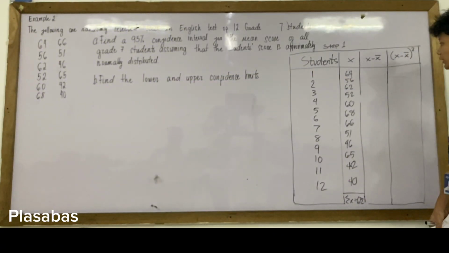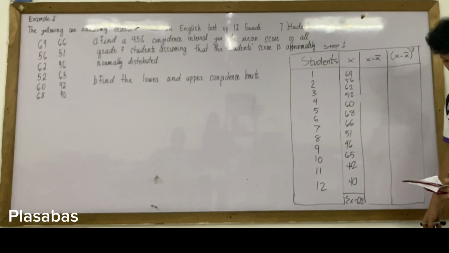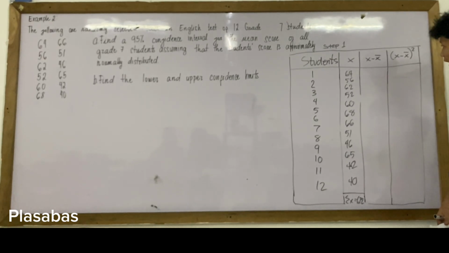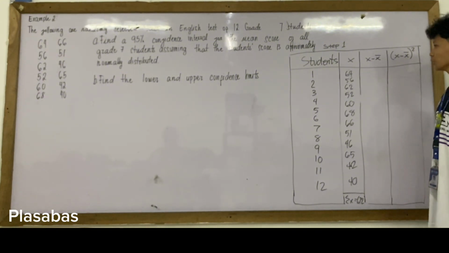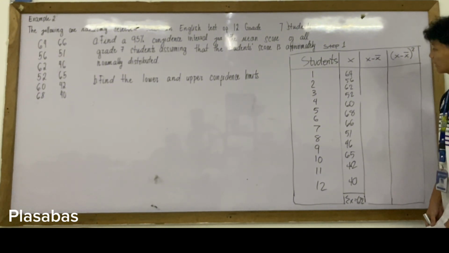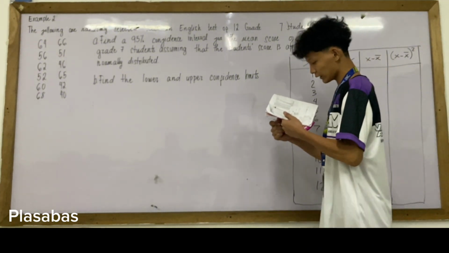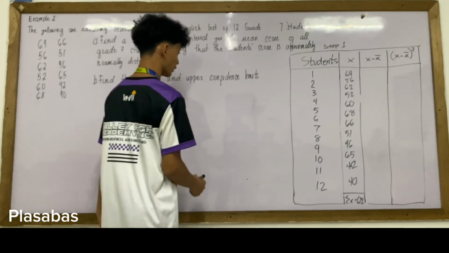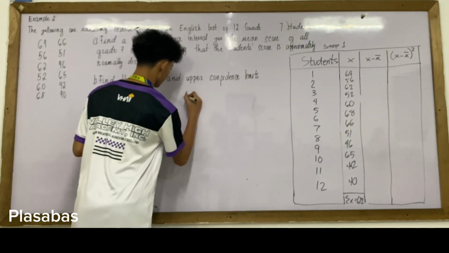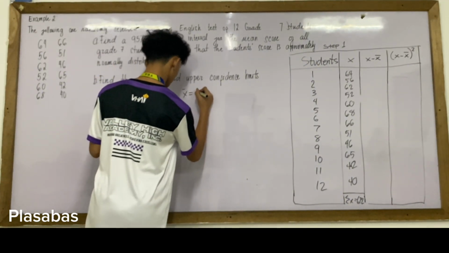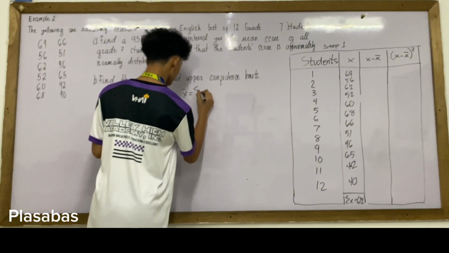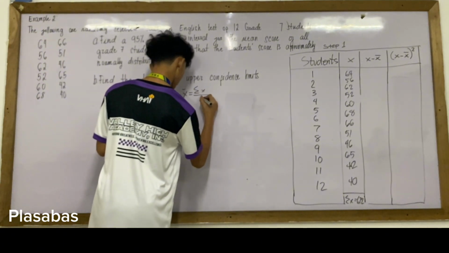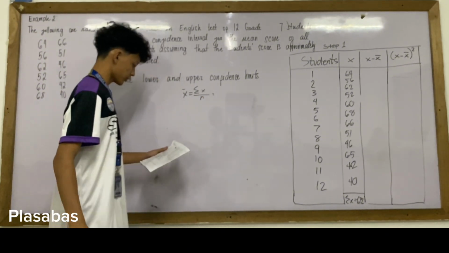Then before we proceed, we need to find our sample mean. We solve for the sample mean using this formula: the sample mean is equal to the summation of x over n.